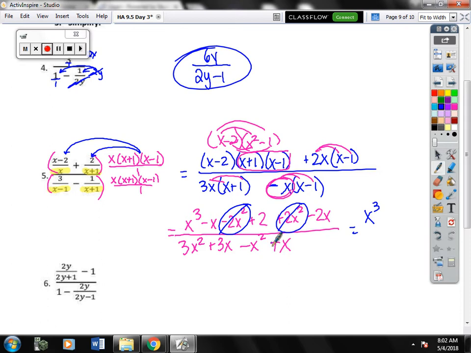Those just become 0. We'll have minus x and minus 2x is minus 3x plus 2, all over 3x squared minus x squared is 2x squared plus 4x. If you want, you can factor a 2 out of the denominator, but you don't have to because nothing's going to divide out.